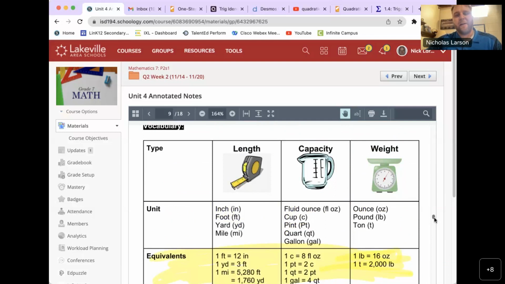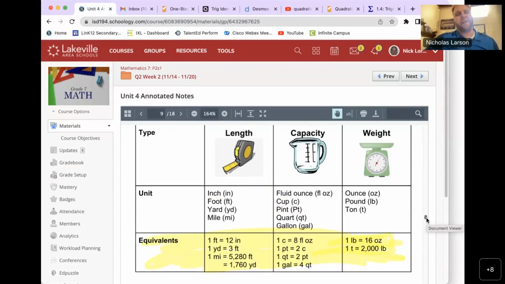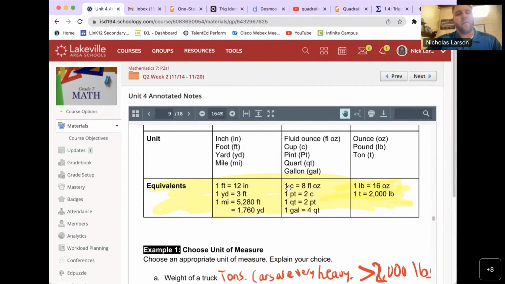We can also talk about capacity, which is like filling up our cup, filling up something. In these examples, they're liquids. 8 fluid ounces equals 1 cup. 2 cups equal 1 pint. 2 pints equals 1 quart. And 4 quarts equals 1 gallon. This can be useful if you are cooking something for a big family gathering and you need to double the recipe or triple the recipe.